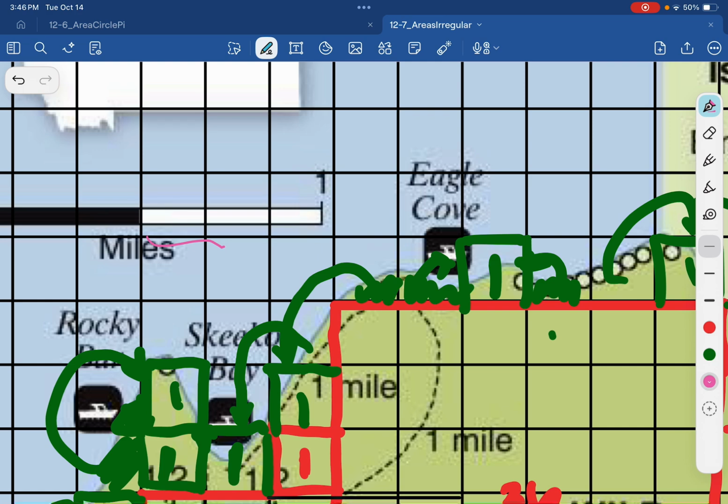This distance, too skinny. Let's see, right in the middle, just right. This distance right here in real world units is 1/2 mile, right?